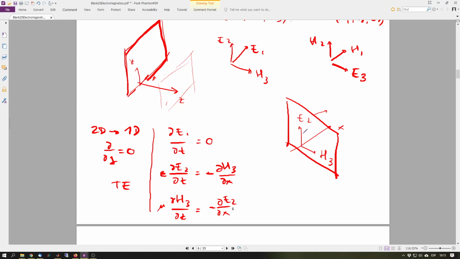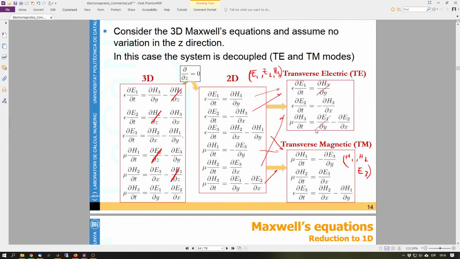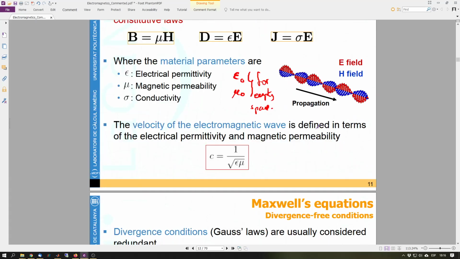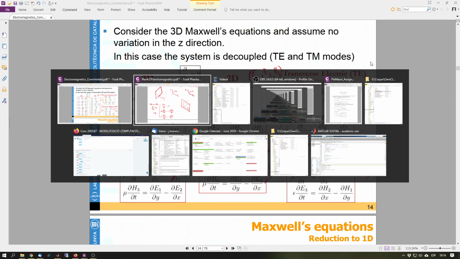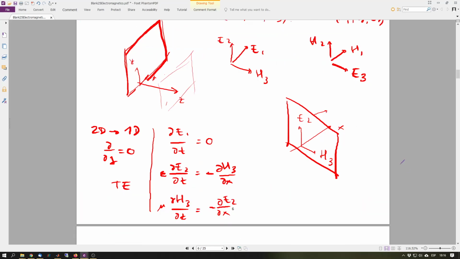E2 varies according to how H3 varies in space, and the time variation of H3 varies according to the space variation of E2. So this is what we were looking at in the previous slide, where the magnetic and electrical field are coupled. So we can simplify the equations and go to much simpler ones.